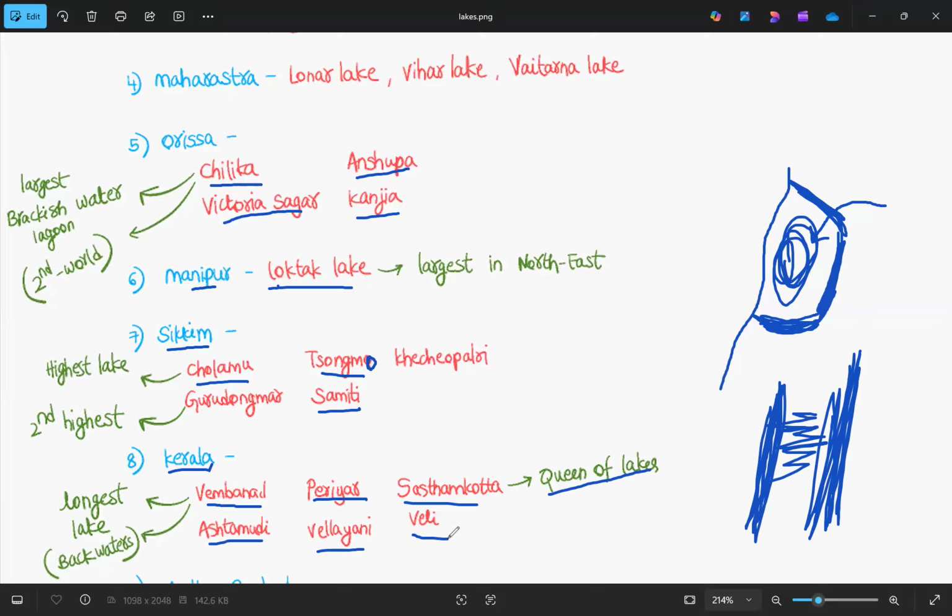Now let's go through the lakes once again, which are located in Kerala. The first one is Vembanad Lake, which is the longest lake, and the length of it is almost 96.5 kilometers, and it is also called backwaters.